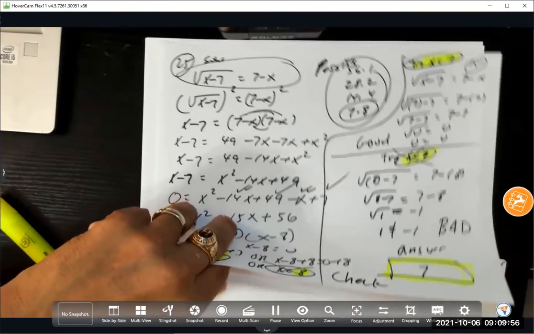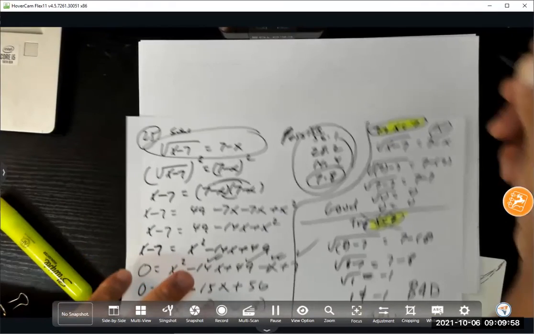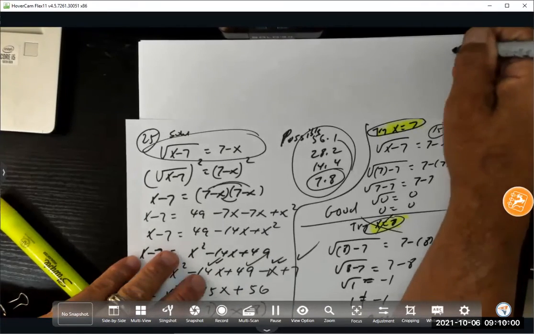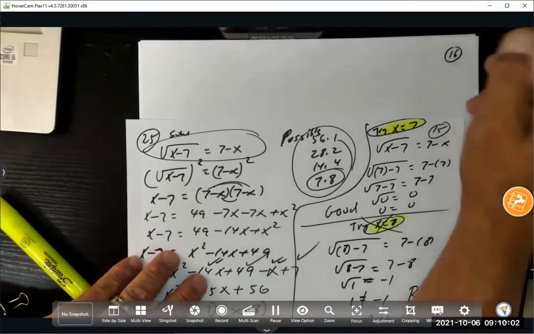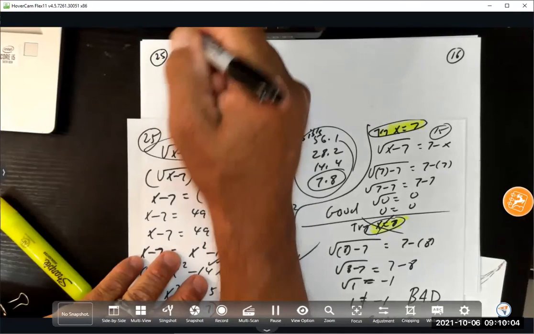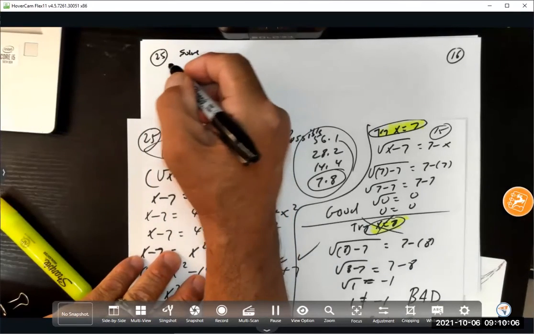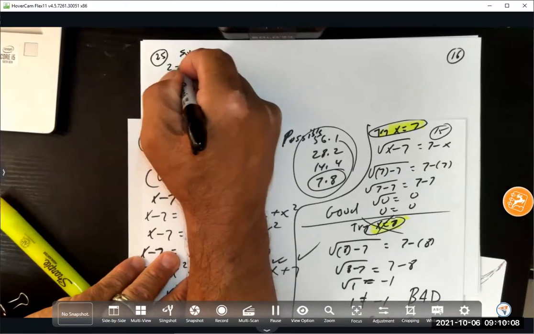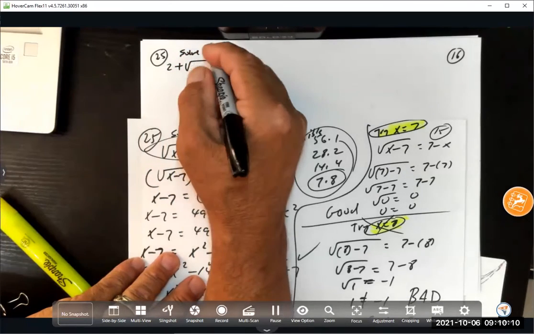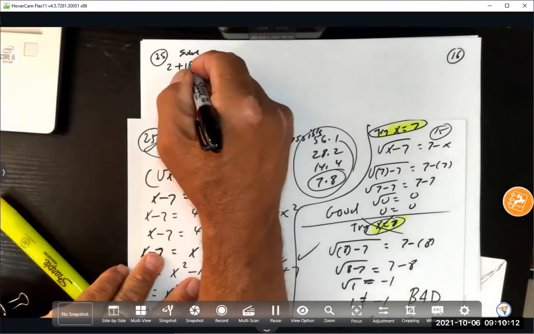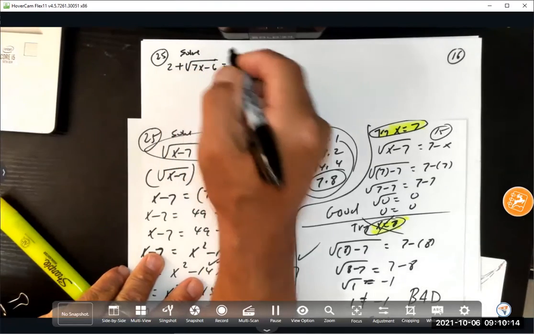All right. Same thing. Number 25. Just gonna say solve. It's gonna be 2 plus square root of 7x minus 6 equals x. There it is. All right.